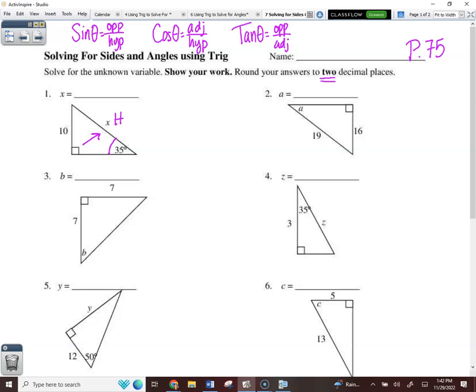How's the 10 positioned to the 35? Opposite. So which trig function is this? This is sine. Doesn't matter if it's inverse trig or not. It's sine, right? That doesn't change. My 2 that like to not write anything, I need to see your trig function, okay? I want to see it.